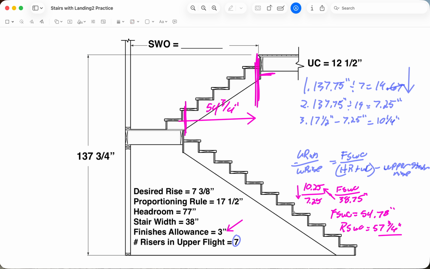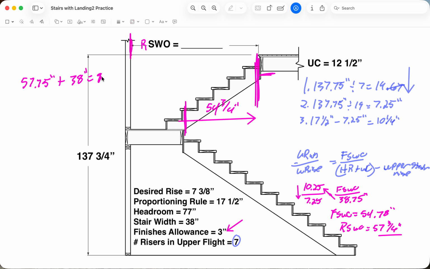Now, if you look at the drawing here, we're actually saying, what's the distance from the wall to here? So we want to get our rough stairwell opening from the wall to here. So we have to add on the length of our landing here. So we have to go 57 3/4 plus 38 inches.